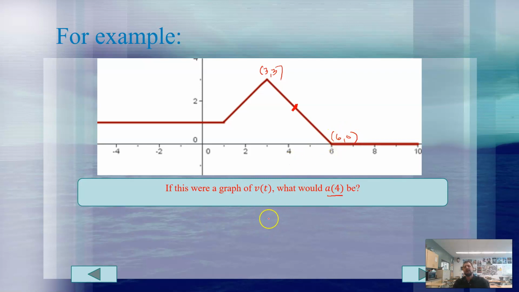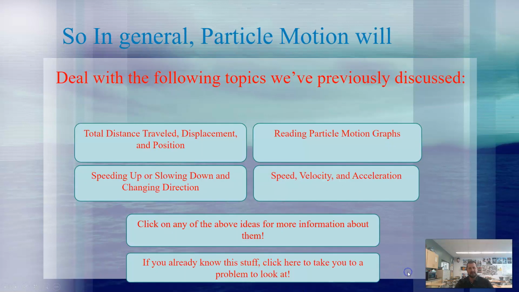So I'd find the slope between those two points: 0 minus 3 over 6 minus 3. I'd get negative 3 over positive 3, which is equal to negative 1. That would be the slope, which means that would be the acceleration at that particular time. Hopefully that makes sense. Most of the rest of the time, you can find acceleration no problem.